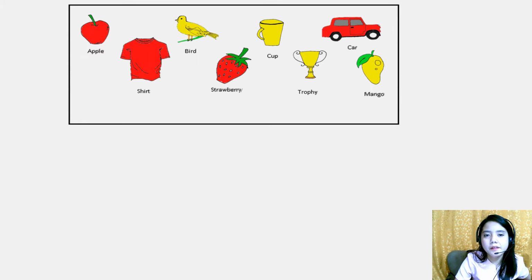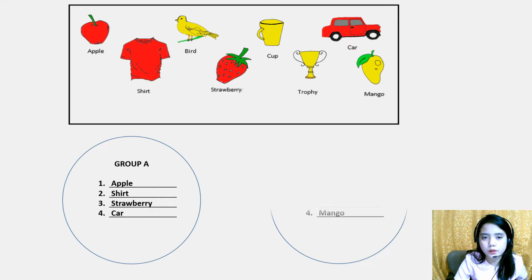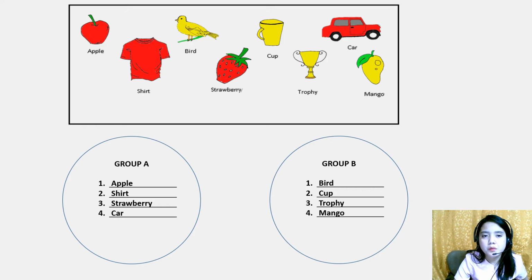Okay, let's go back to our activity a while ago. We have again 8 things inside the box, and we have to group them, group A and group B. So for group A, maybe your answer is apple, shirt, strawberry, and car. Then for group B, we have bird, cup, trophy, and mango.